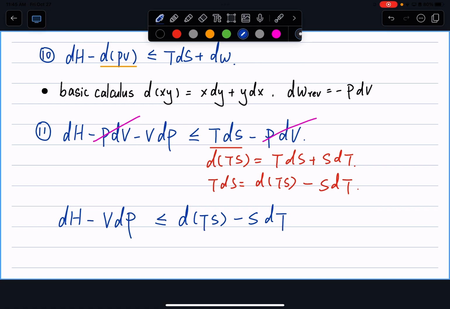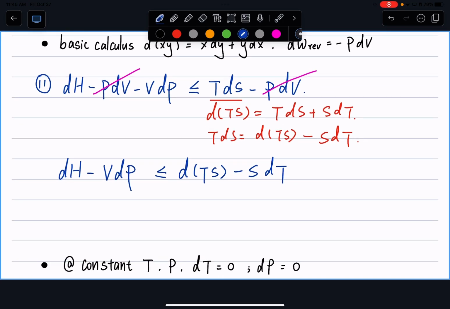All right. And then let's move the terms. Let's move this d(TS) with dH, this VdP to the right-hand side. We have dH minus d(TS) smaller than or equal to negative SdT plus VdP.